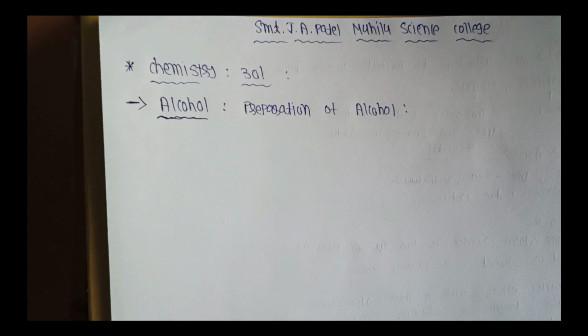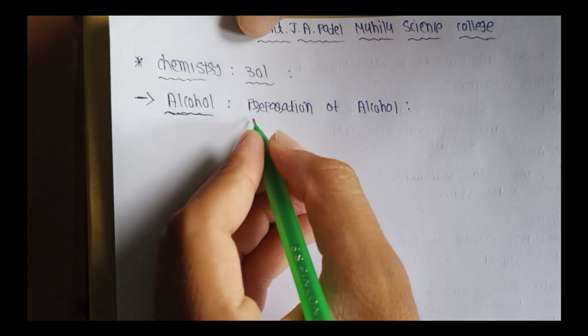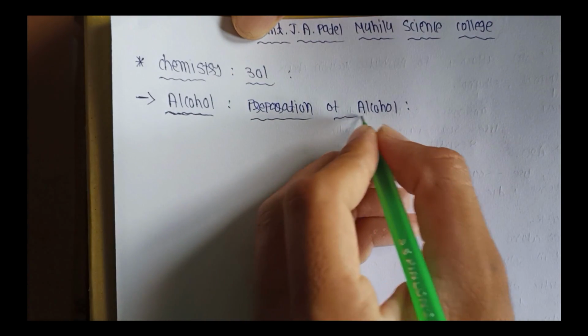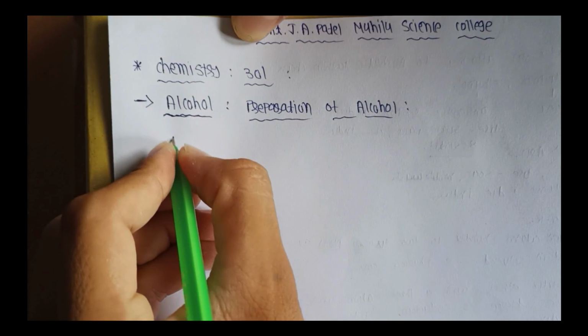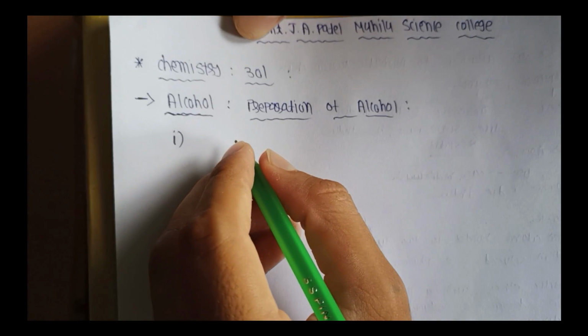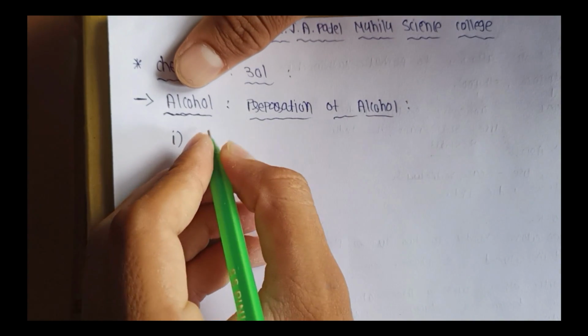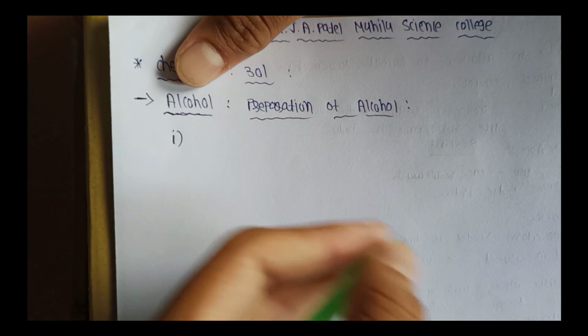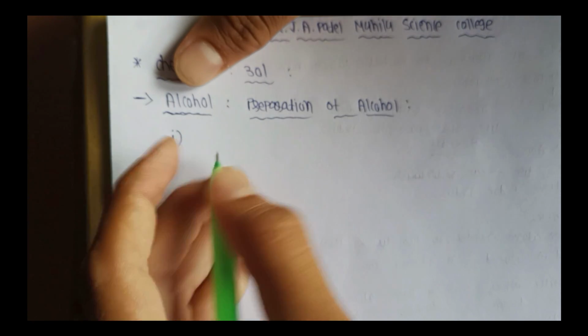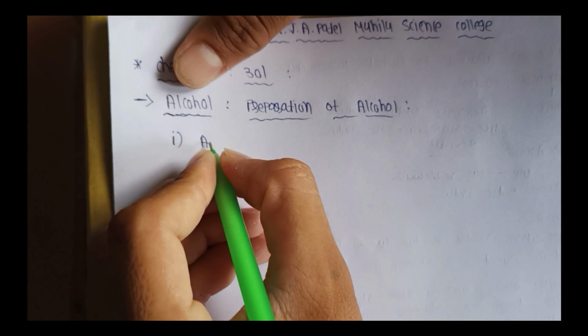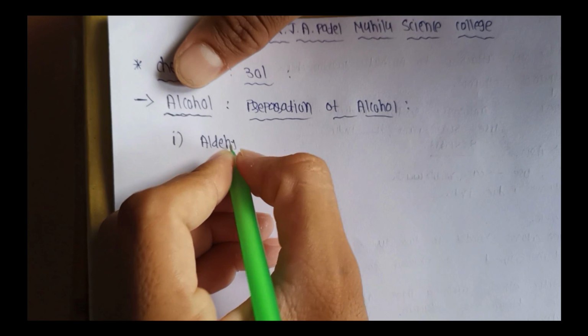Alcohol is prepared by various methods. In the first method, how to prepare alcohol from aldehyde.